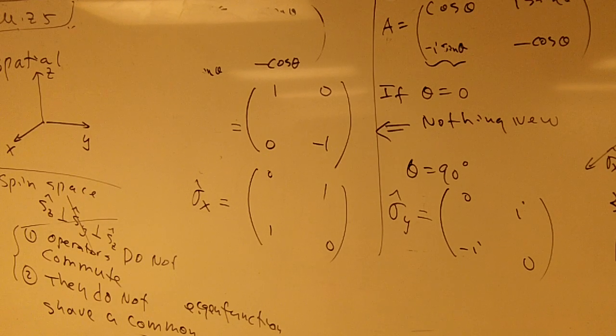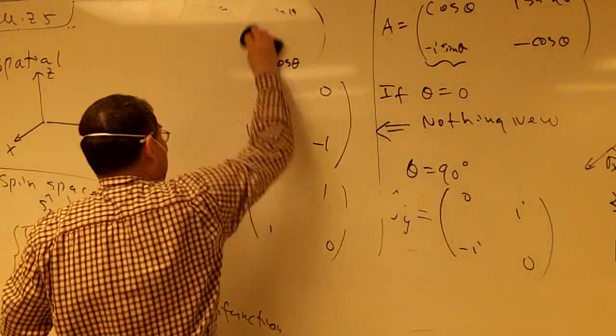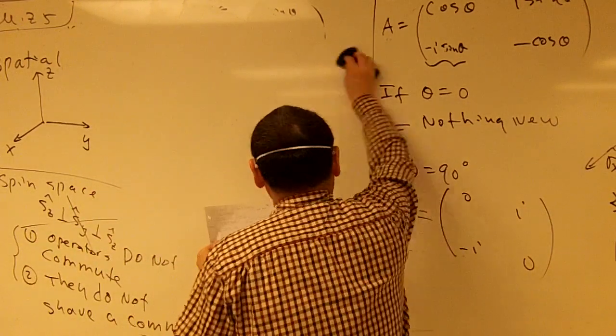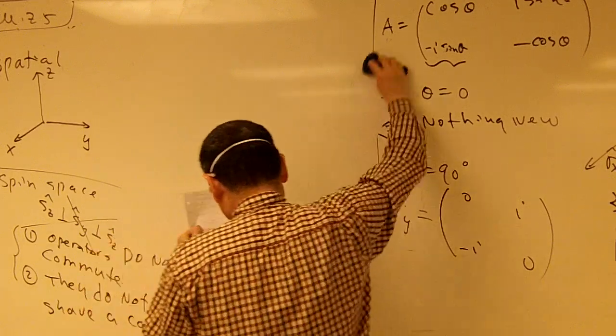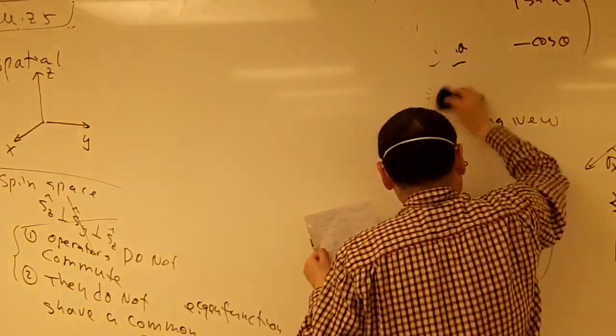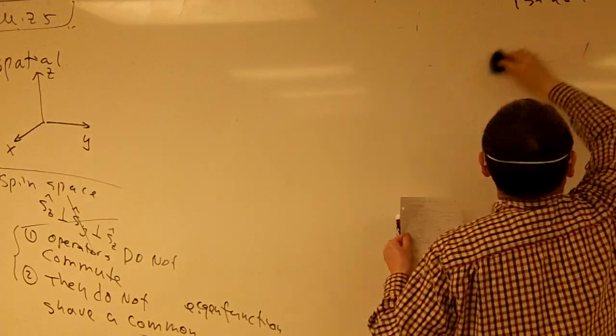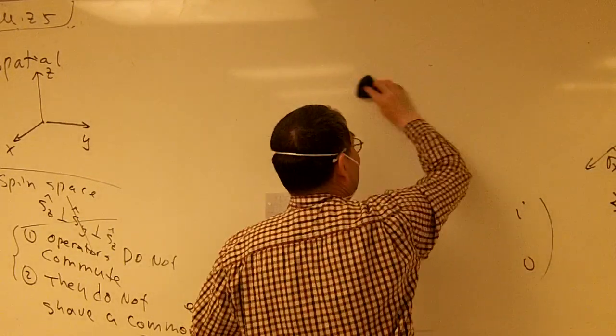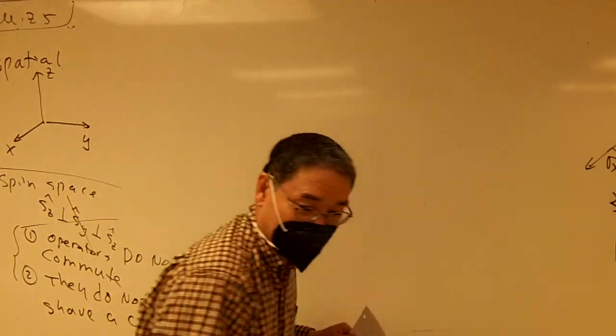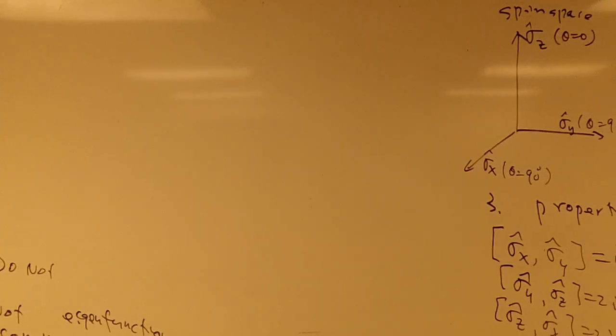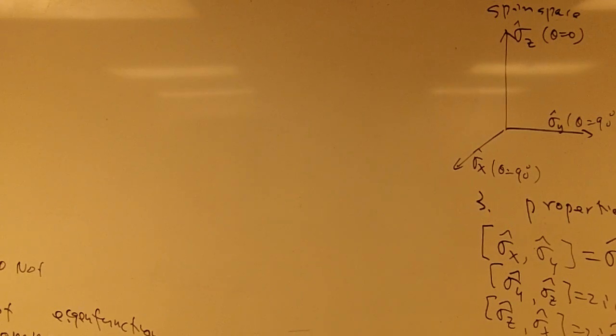Good. So now we're going to move on to the next item, which is quite a big change, in the sense that for the moment these are just Pauli matrices. It does not give you the entire idea of how to calculate the electron spins.